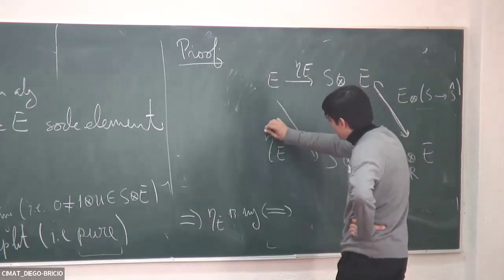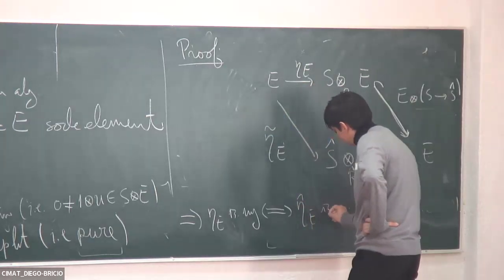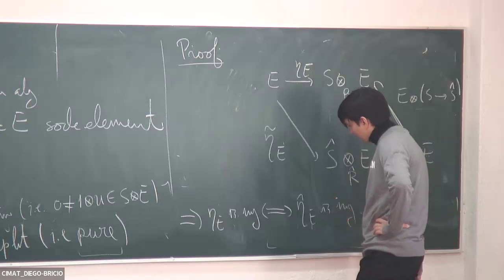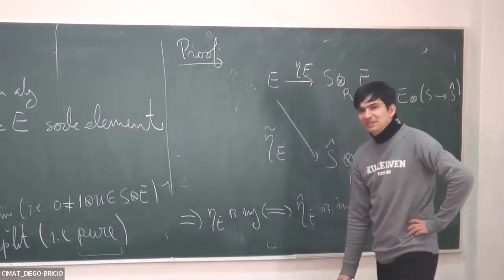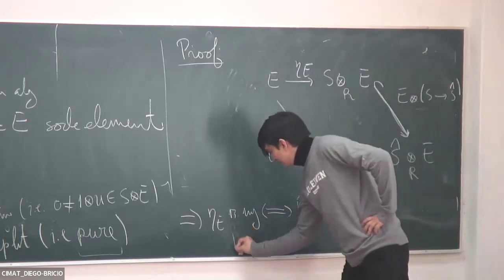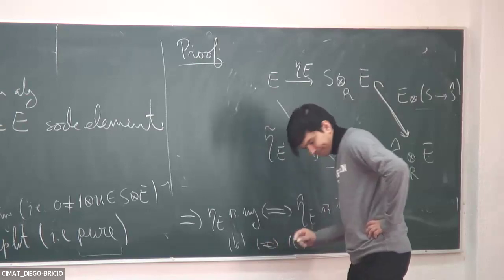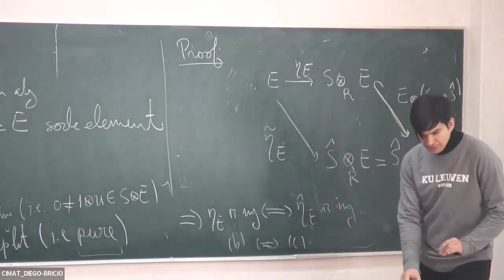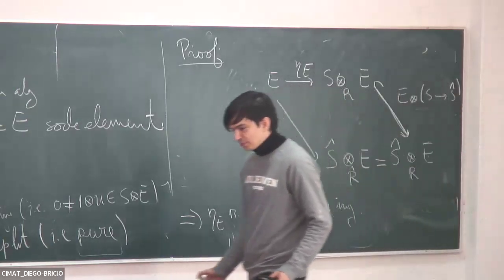But let's call it tilde here. Eta tilde is the eta that makes C work. Okay. So B is equivalent to C. That's the whole point. Okay. Any questions with that? It's a pretty proof.